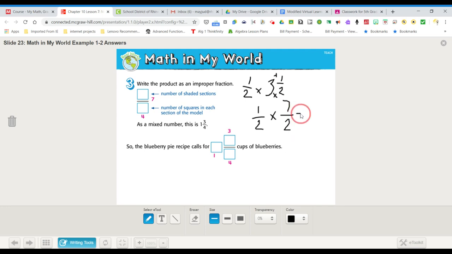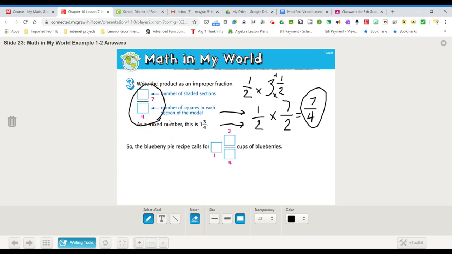If you can't remember how to do that, go back to your changing from a mixed number into an improper fraction. And then reminder of how to multiply fractions, you just multiply straight across, don't have to do anything. So we've got 1 times 7 is 7, and 2 times 2 is 4. So I wanted to show you this to kind of show you that this is how you get the 7/4 that they're talking about when they actually color it in.